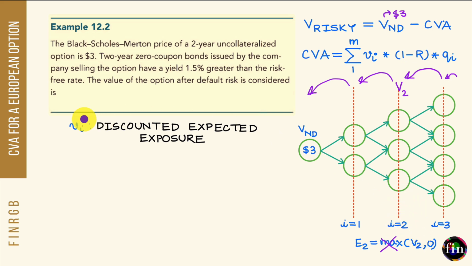Now, to arrive at lowercase v, my discounted expected exposure for this time slice, all I have to do is find the expected exposure, which in this case is nothing but the expected future value of my option as of this time slice, and discount it to today. That will give me my lowercase v for this time slice.